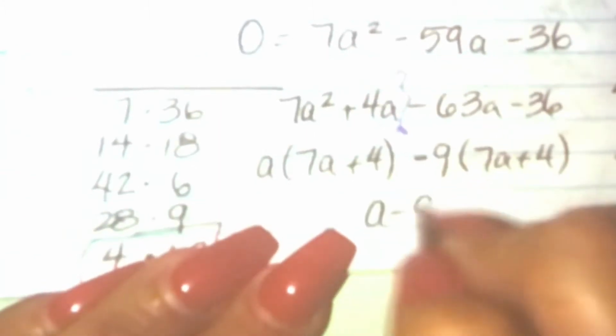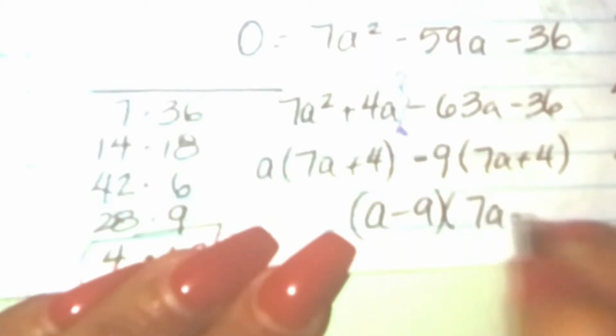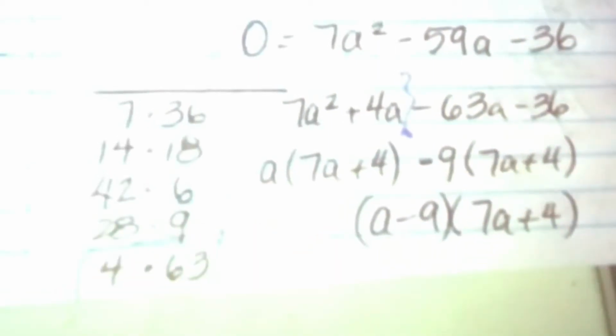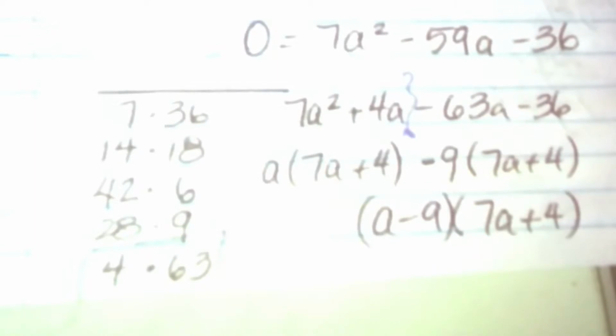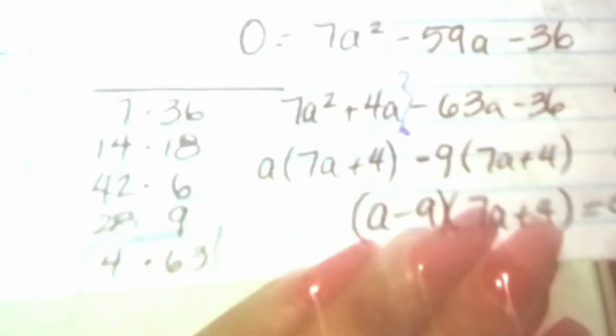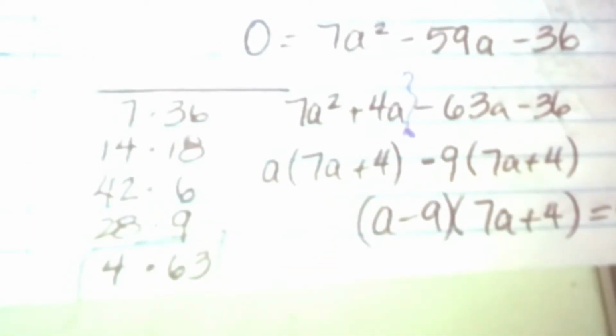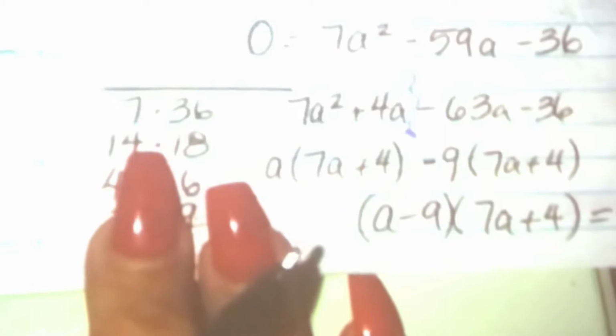So your factors are a minus 9 and 7a plus 4. All of this equals 0. So your two solutions are going to be a equals 9 and a equals negative 4 sevenths.